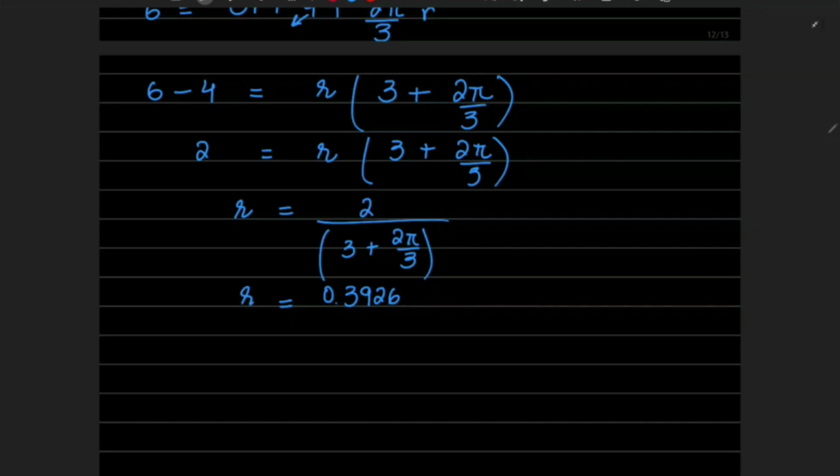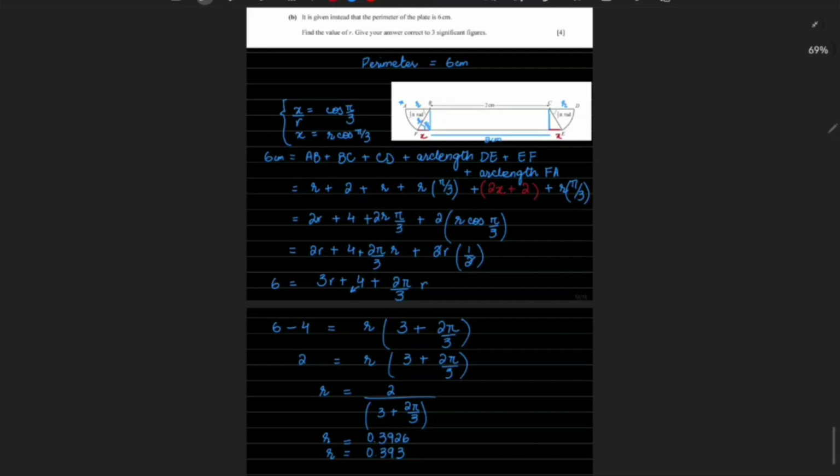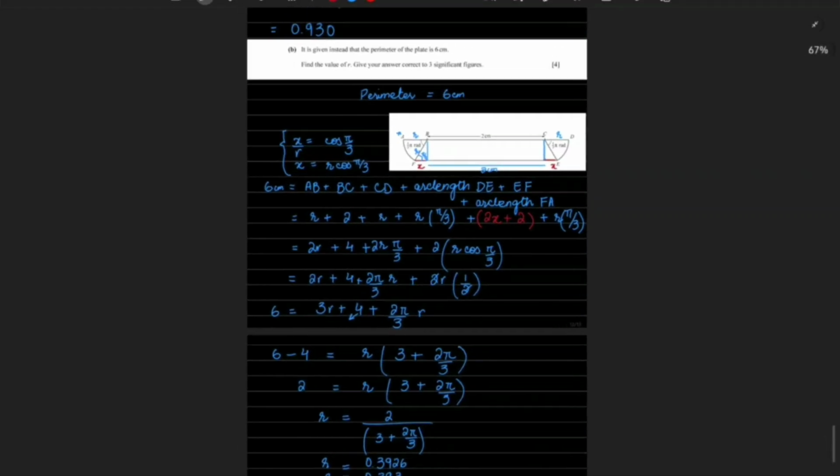So this is the final value for your r. You have to give your answer up to 3 decimal places, so it will be 0.393. So if your perimeter is equal to 6 centimeter, the value of r is 0.393 centimeter. So that's all about question number 8.